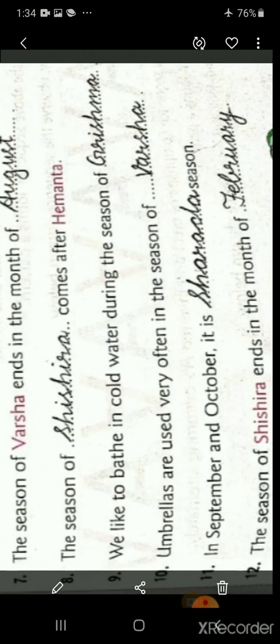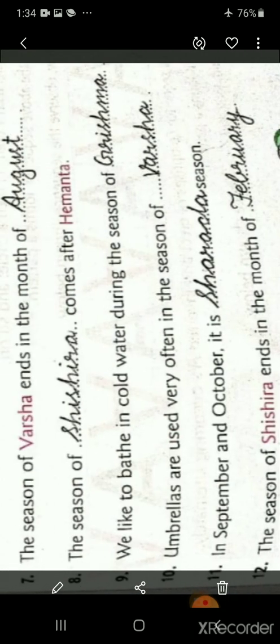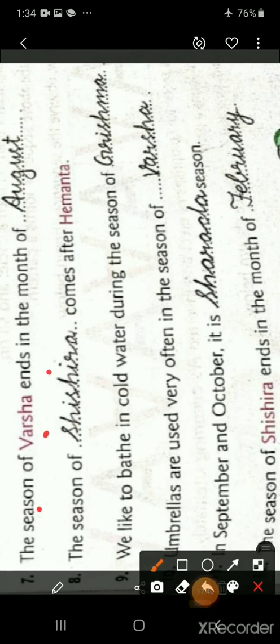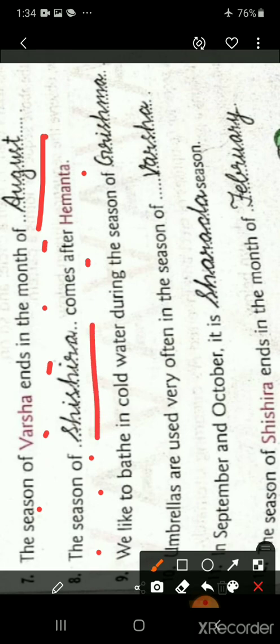Like this you will write number 5 and number 6 also. Here again you can see that the season of Varsha ends in the month of, yes, August. You will write August. Number 8, the season of dash comes after Hemant. Yes, Shishir, you will write Shishir.